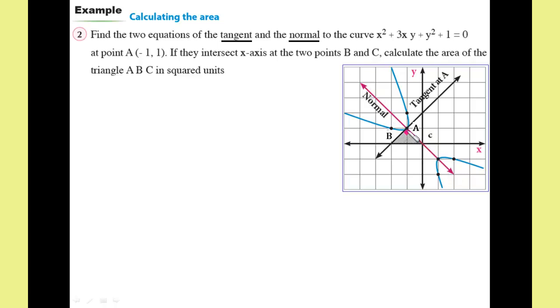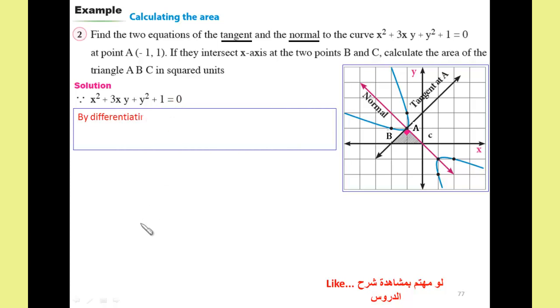We have the point, so we will calculate the slope. How do we calculate the slope? The slope, as you know, equals dy/dx. Let's start the solution. x squared plus 3xy plus y squared plus 1 equals 0.